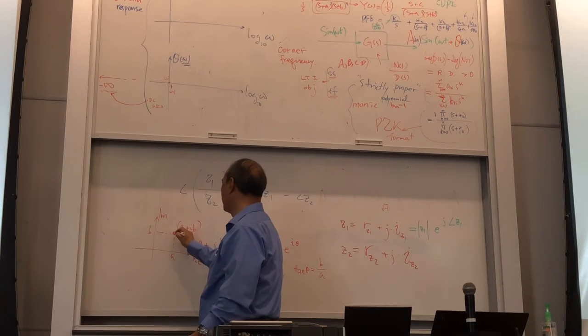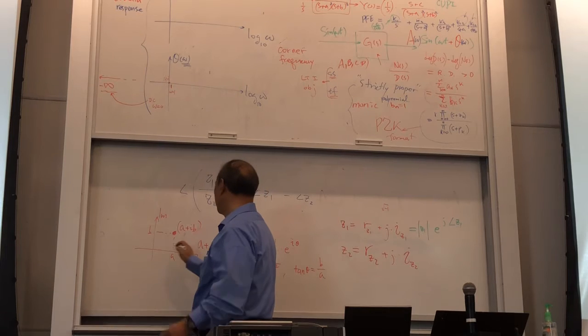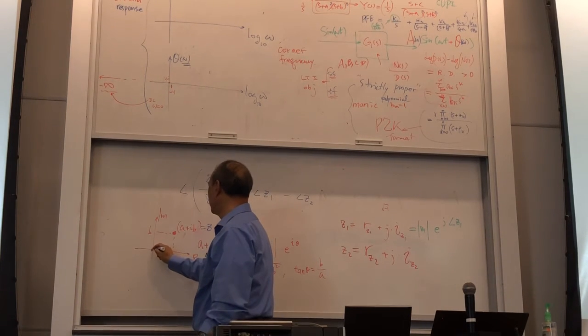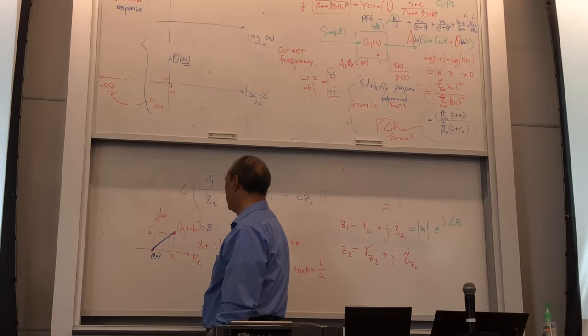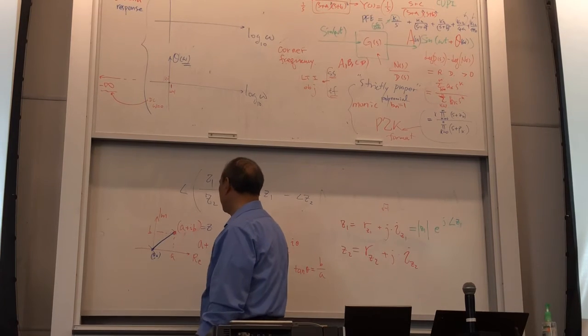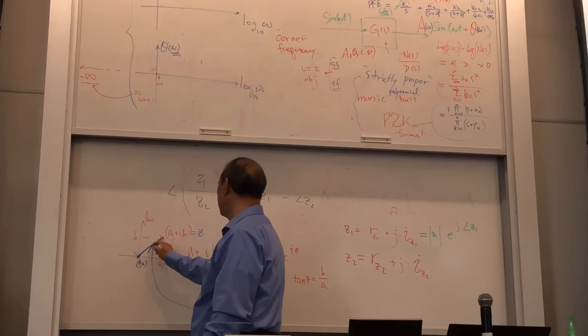That's a complex number, and it can be drawn from 0,0 to here. This is Z, and this is called the magnitude, or modulus, okay? Of course, it's the square root of this one here.